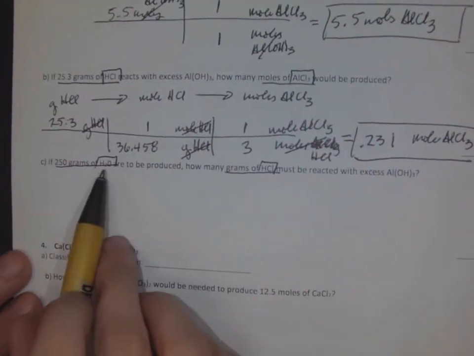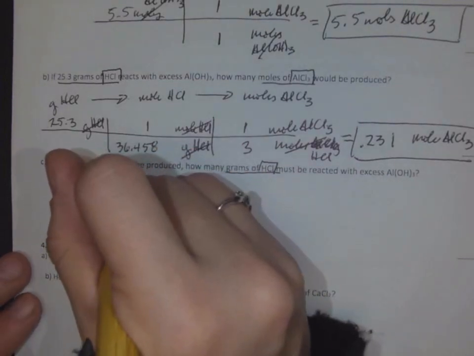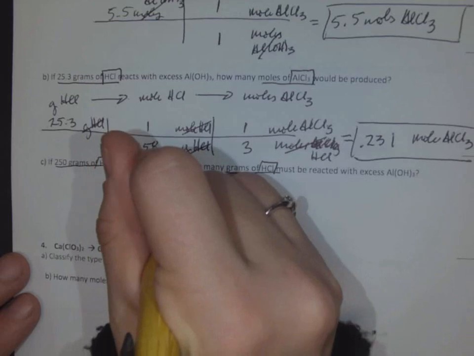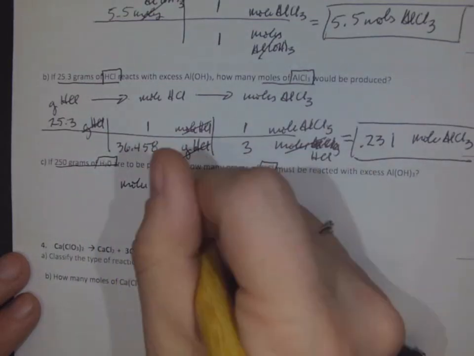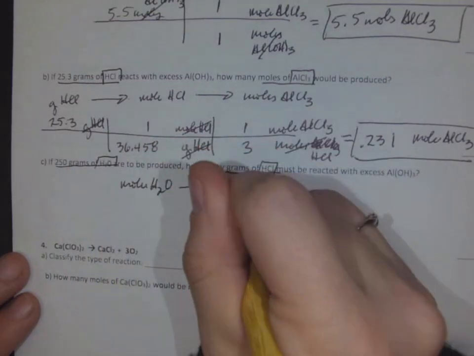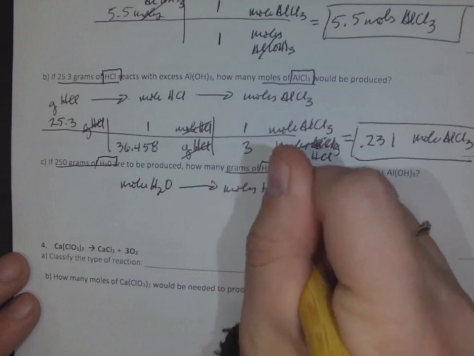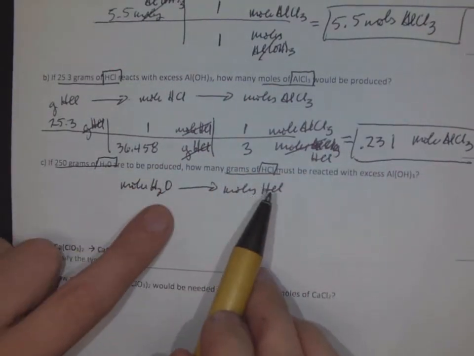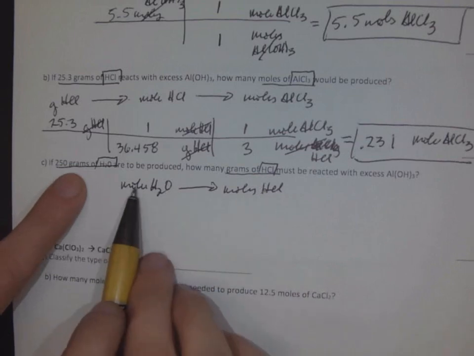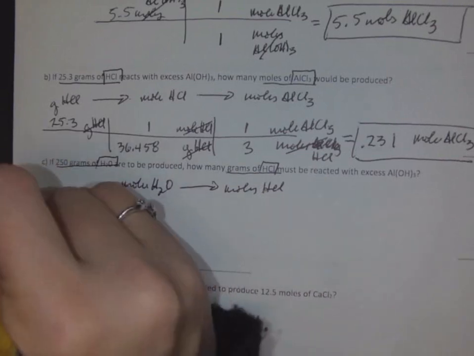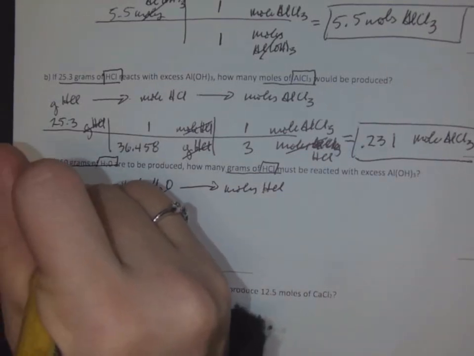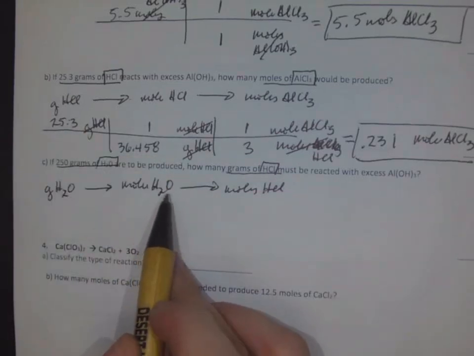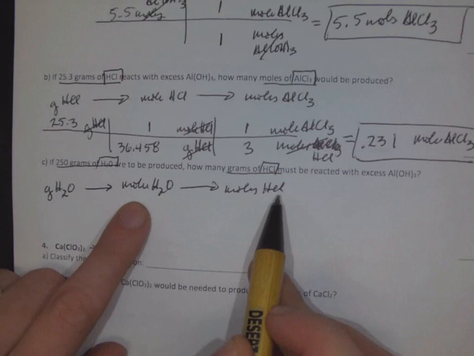So the only way I can go from water to hydrochloric acid is if it's moles to moles. That's the only time that I can go between different things. But I'm not starting with moles, I'm starting with grams. So I'm going to have to go grams of H2O to moles of H2O to moles of hydrochloric acid.